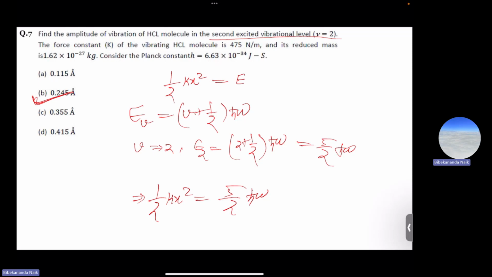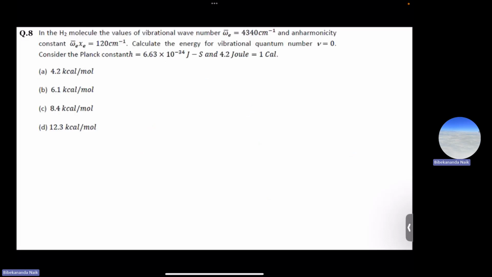Now, using the relation, we can calculate x is 0.245 angstrom. I hope this is clear to all of you. Then let's discuss the next one.